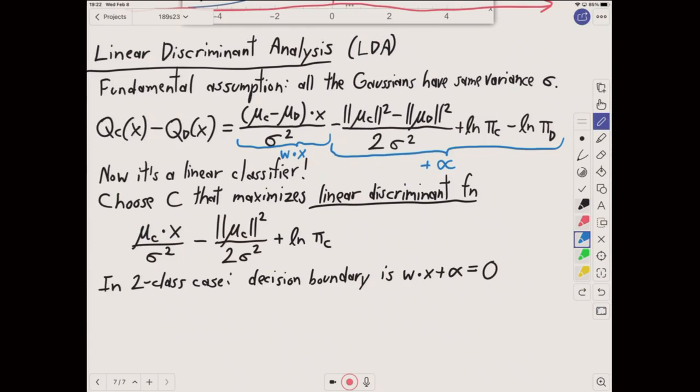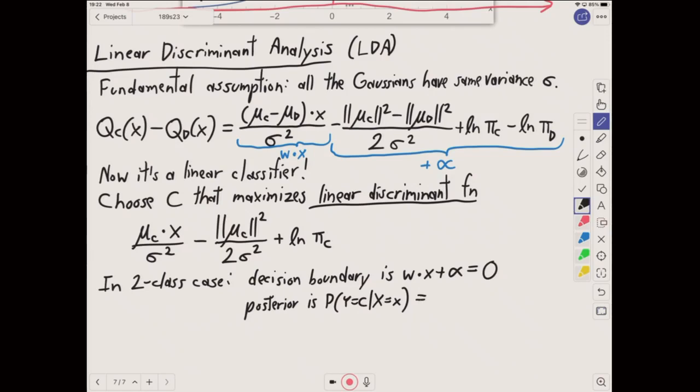The other thing that happens then in the two-class case is that the posterior probability, well, this is the definition of the posterior probability at a test point little x.